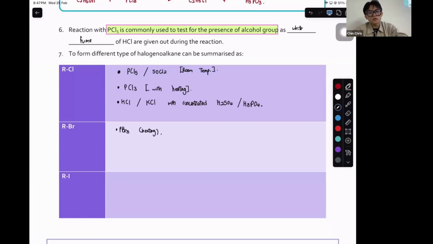If you don't want to use PBr3, I can also use HBr. If you use HBr, remember the HBr can be used with concentrated H3PO4. Clear?